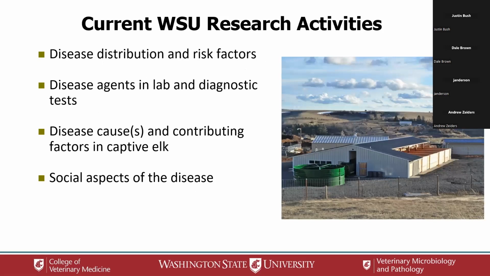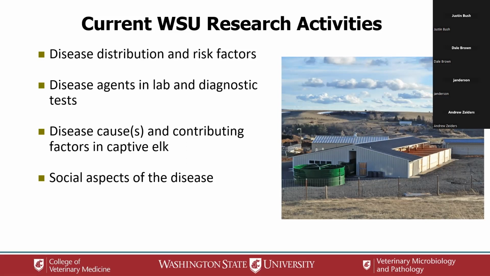At WSU, in 2017 we were given the lead by the state legislature to lead research into this disease because it's so much of a concern. And so we have 4 areas that we're looking into: the disease distribution and risk factors. I've shown you the map already that we have produced.